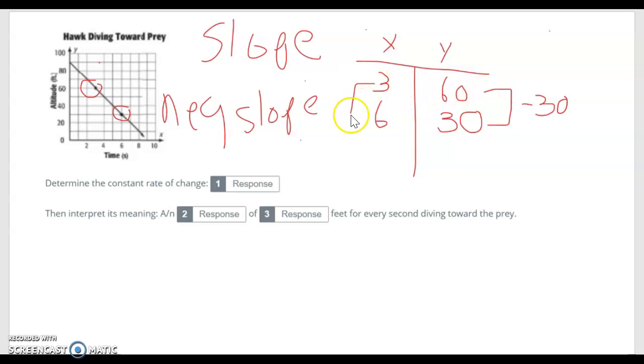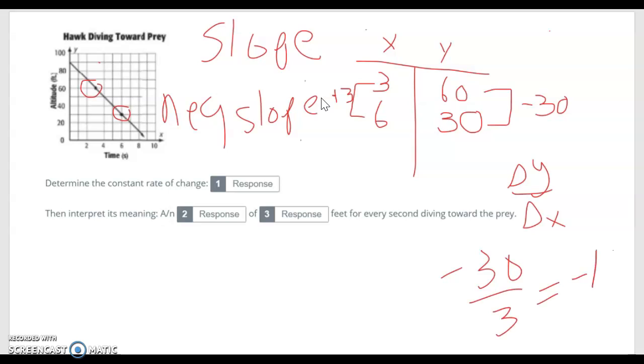When I find the change from 3 to 6, it is plus 3. Slope, or the rate of change, is the change of y over the change of x, which is negative 30 divided by 3, which is negative 10.